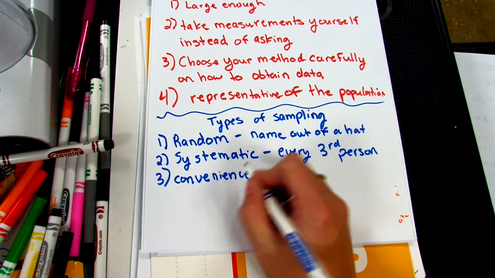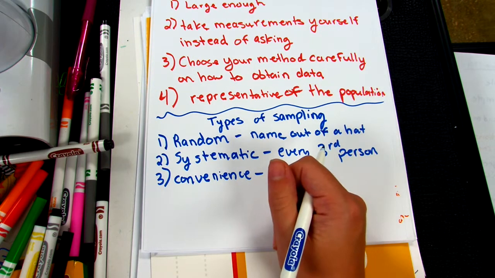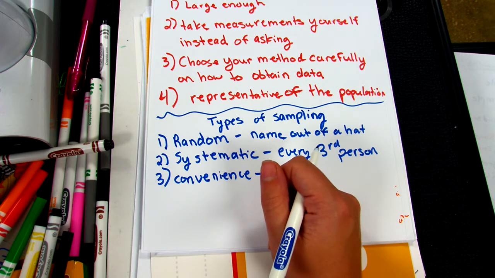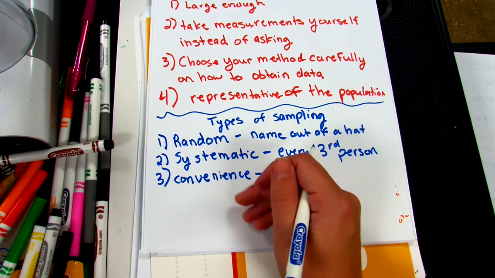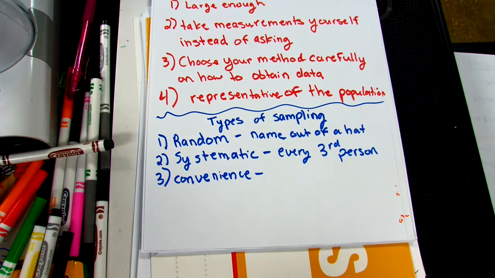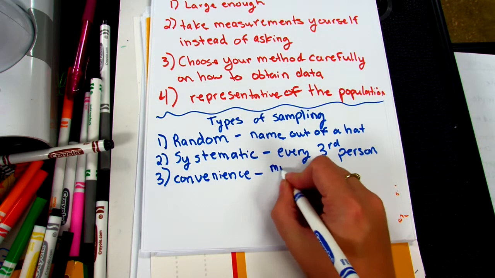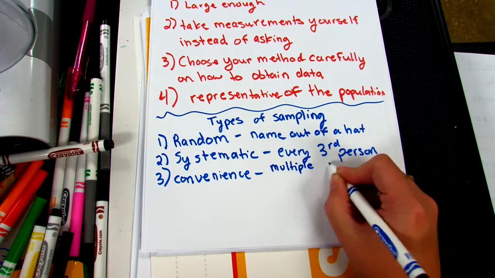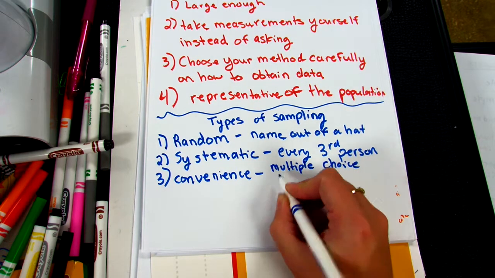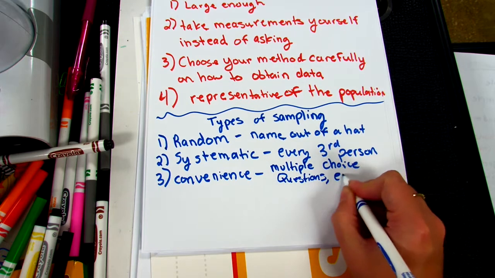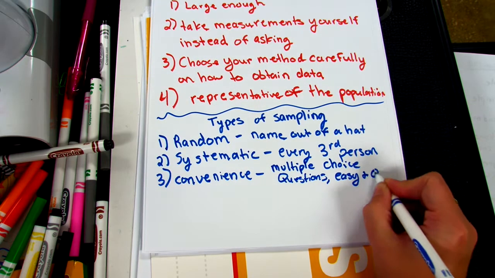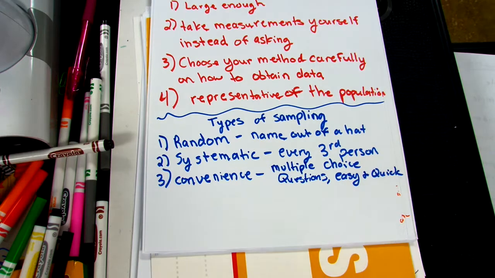Convenience also could be something like, if you are wanting them to answer a series of questions, you need to make it convenient for them, right? So the questions are multiple choice. Multiple choice questions are easy and quick for the person who you're getting data from.